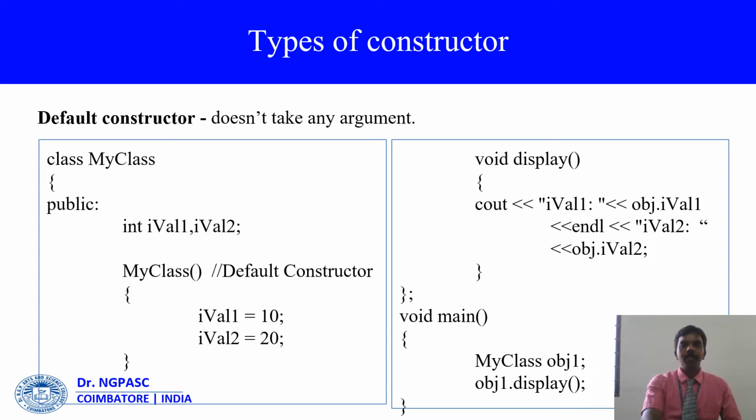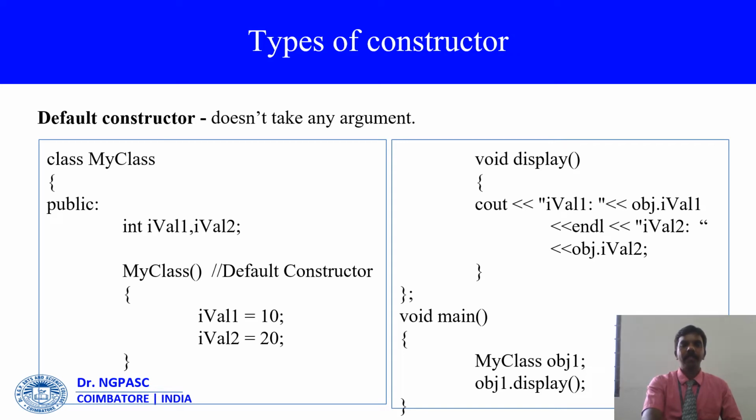A sample code, let's have a look at the sample code. We have defined a class as myClass. The class myClass contains two member variables, ival1 and ival2 of type integer, and they are declared as public. The class also contains a member function.